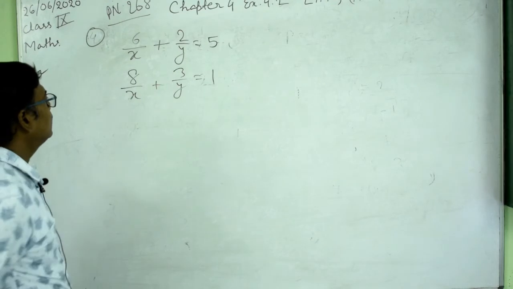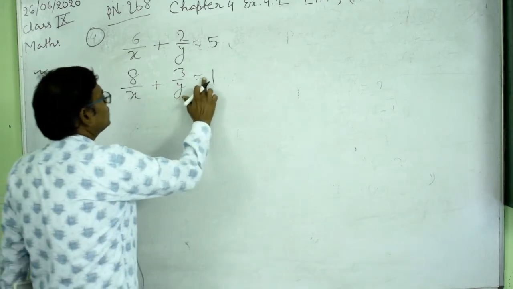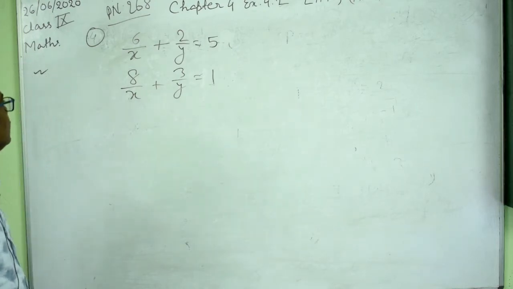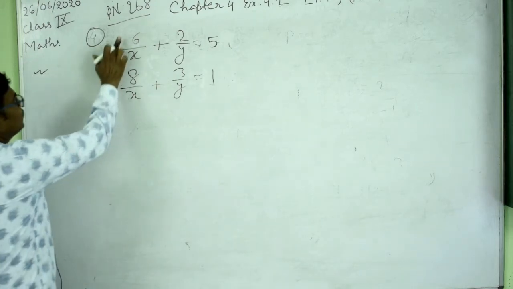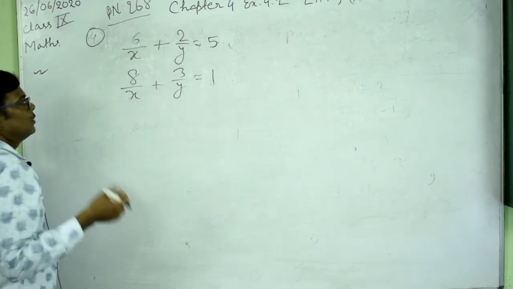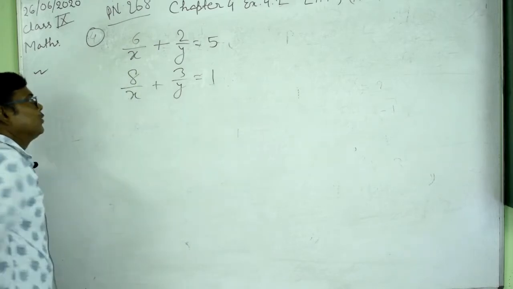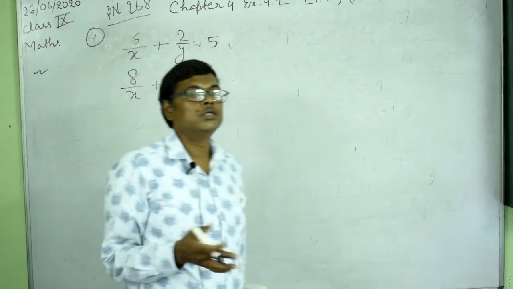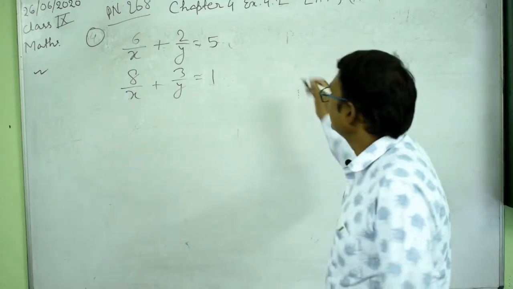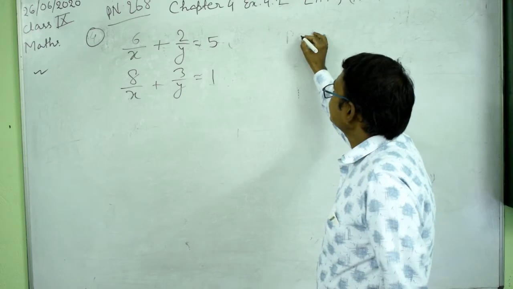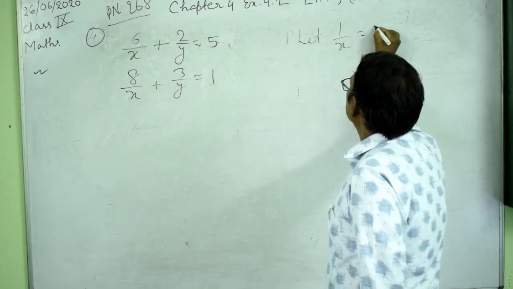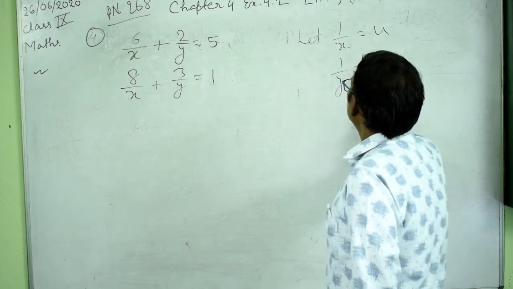So again here we can solve these two directly by using the elimination method. The method is that here it is actually 1 by x and here 1 by y, and 1 by x and 1 by y here. So one method is that you can reduce these two equations to the simplest form by supposing that 1 by x equal to u and 1 by y equal to v.